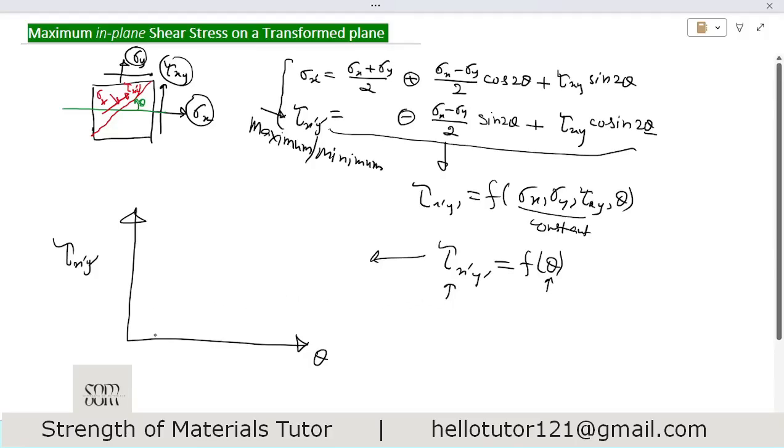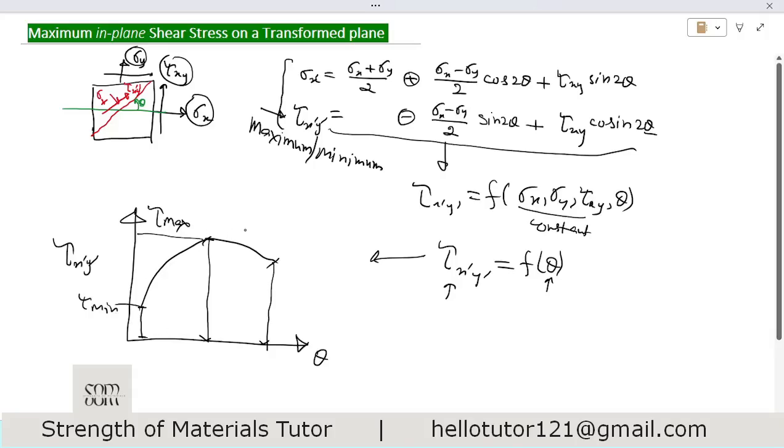Let us say, for example, the change is like this. It means shear stress is minimum at this place and the shear stress is maximum at this place. Okay, and this place is in between the maximum and minimum. So this is tau max. Okay, this is tau min.